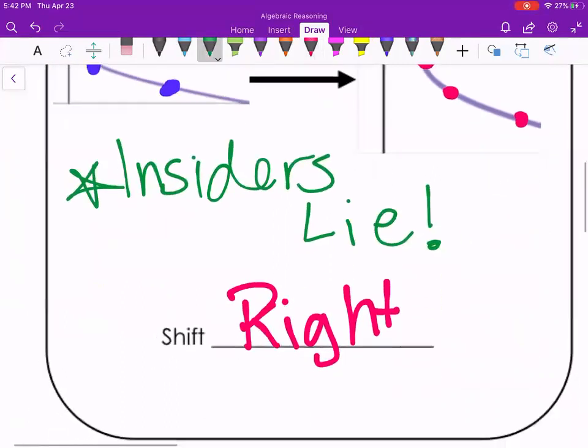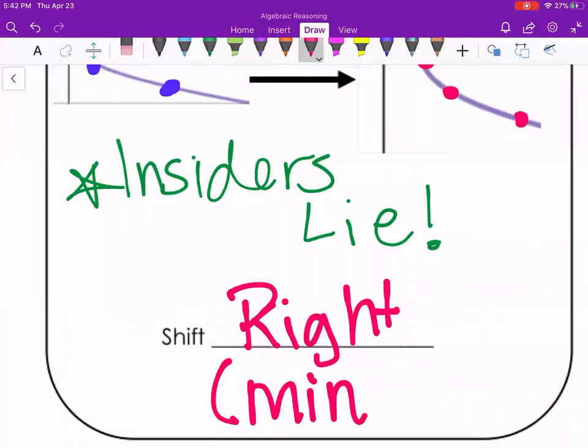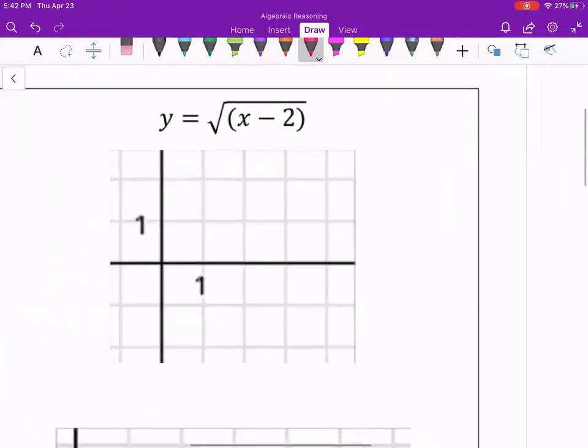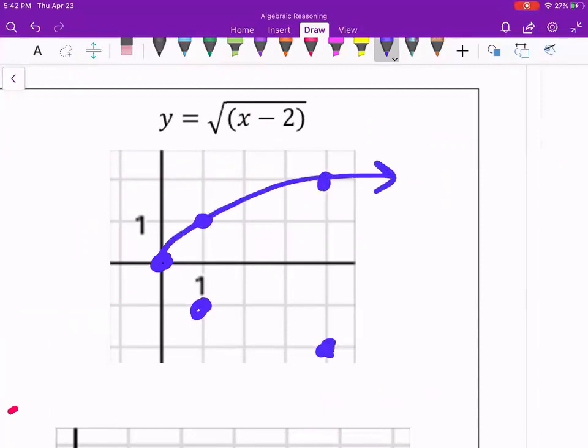So if we are going to the right, that means in the parentheses, I should have a minus. So let's try that graph. All right, we're going to get our original graph up here. So 0, 0, 1, 1, 1, negative 1. So there's our first pair. And then we get our next ones, 4, 2, and 4, negative 2. So here's our original graph.